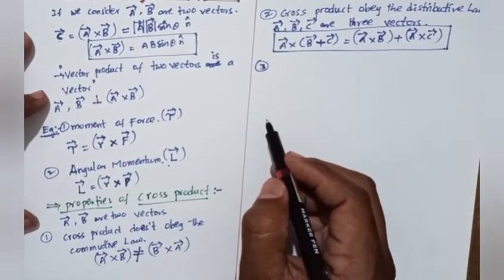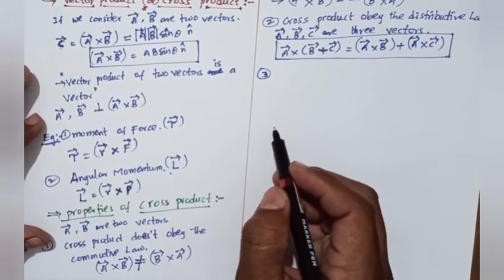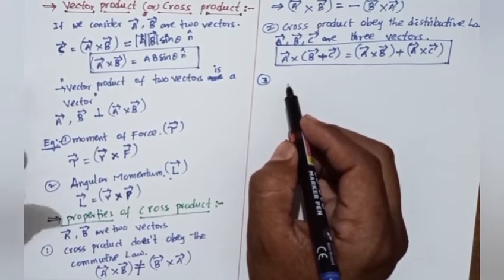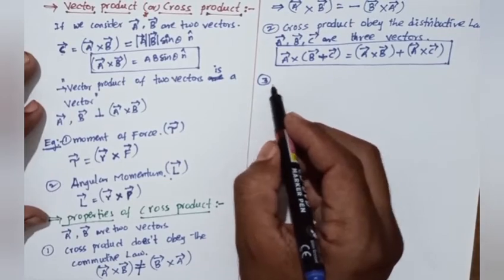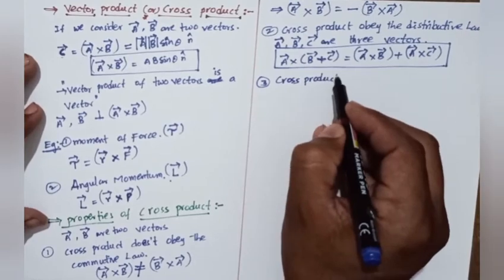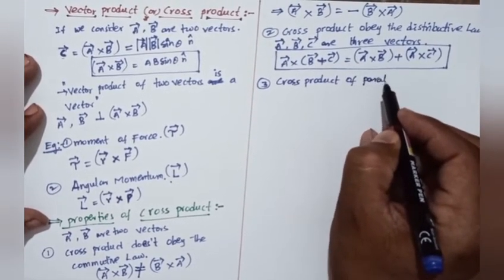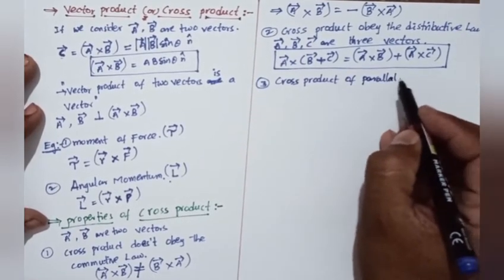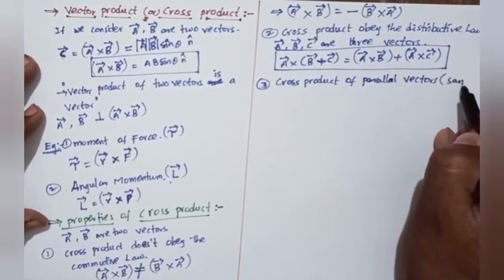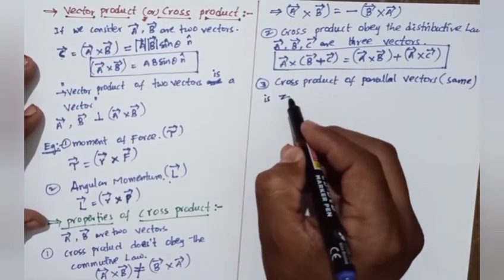The third property: the cross product of parallel vectors, or of the same vector, is 0.